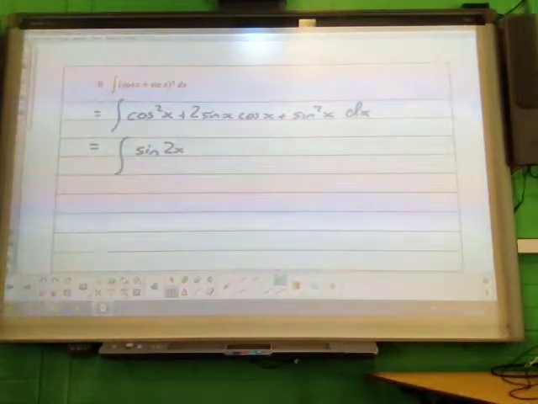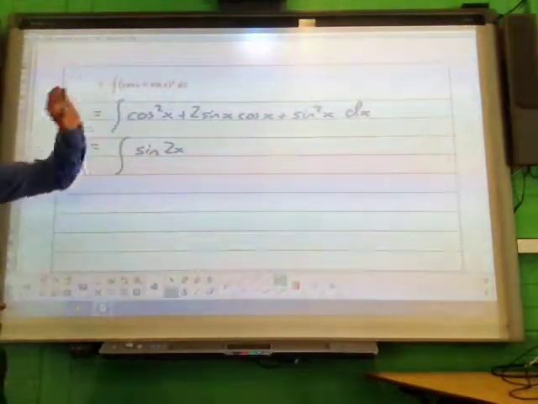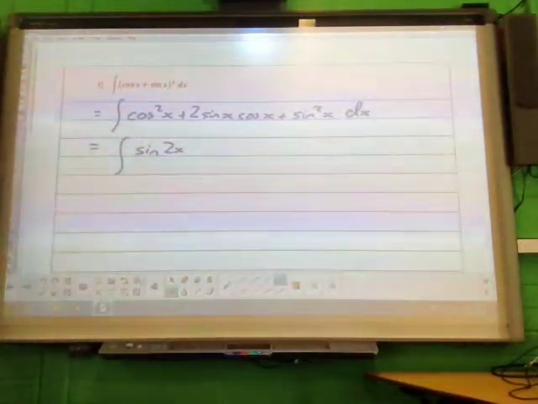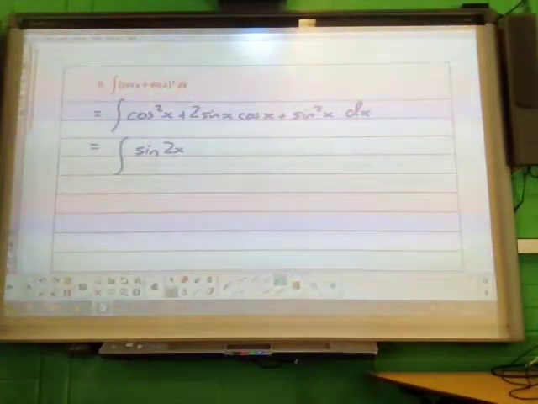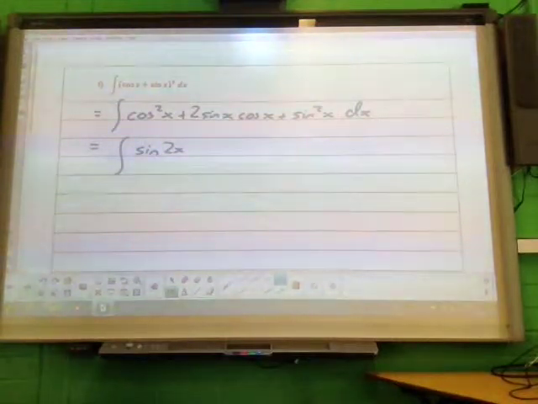Okay, what about the rest of it? That's the 1 take away sine squared. What's the rest of it? What does the rest of it read? Ignore the middle bit, what's the rest of it read? Cos squared of x plus sine squared of x. That's the takeaway in between.